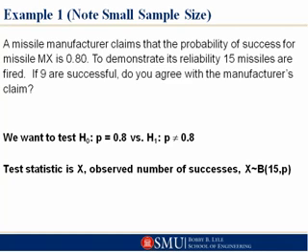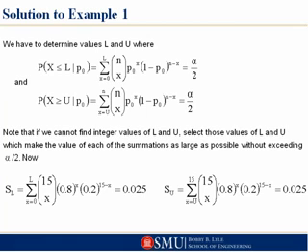The test statistic X is the observed number of successes. 15 are fired, and what could have happened is none fired successfully, 1 fired successfully, 5 fired successfully, all 15 could fire successfully, right? And so on this particular test of 15 missiles, 9 fired successfully.